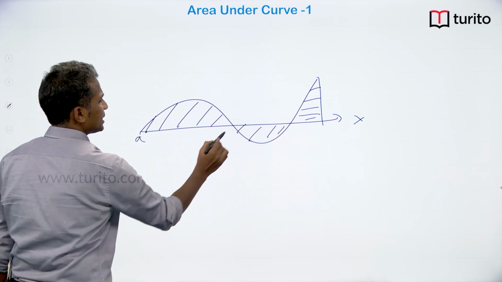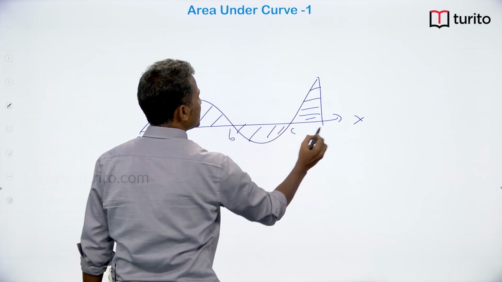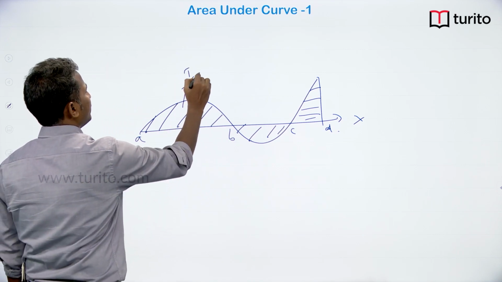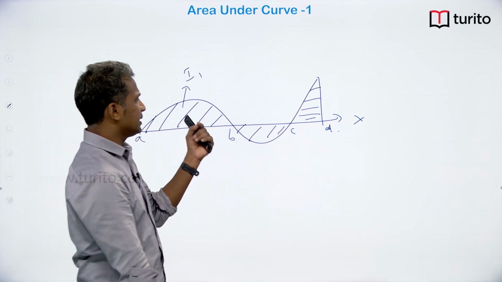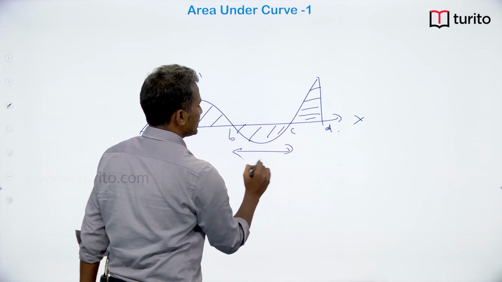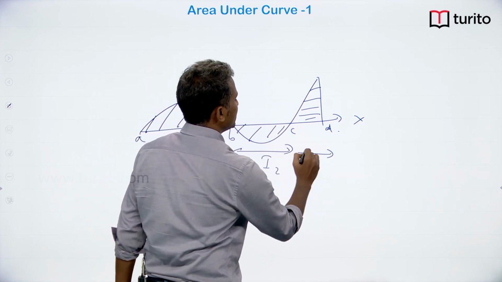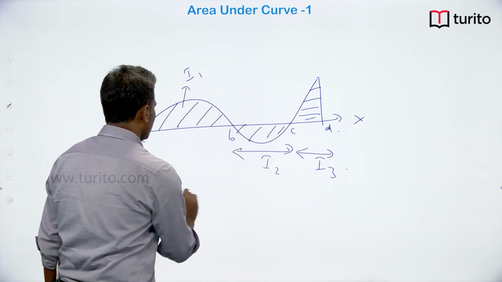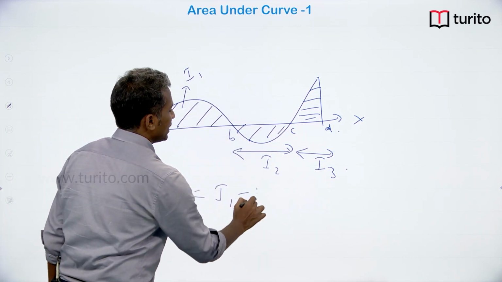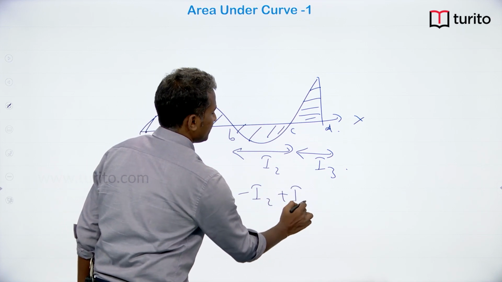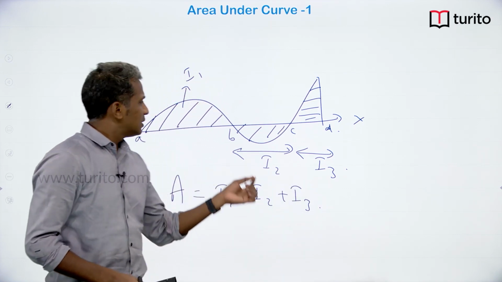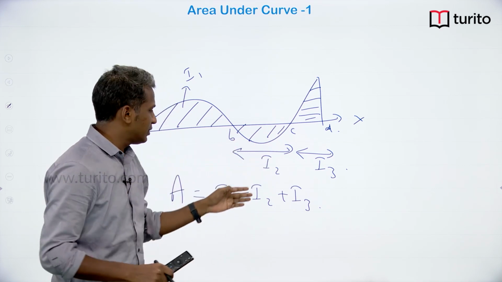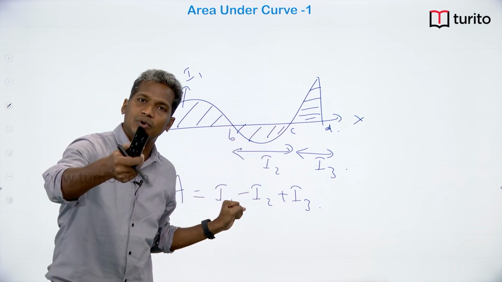So, let us say these values are a, b, c, d, and if this is I1, I1 means integral 1, and between these two let us say I2 and between these two let us say I3. So, to get the area we have to do I1 minus I2 plus I3. Because this function is lying below the x axis, it will give us a negative value. So, we have to adjust it into a positive value.